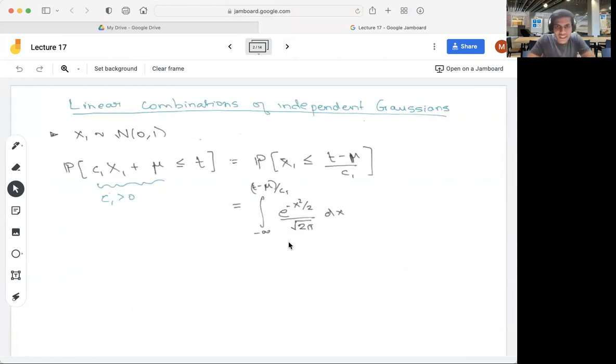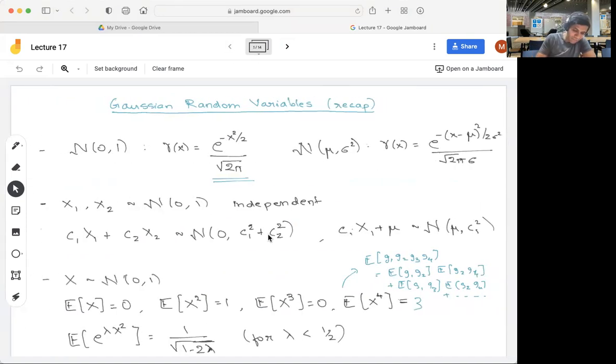Okay, so let's start with the second property, which is if you have a Gaussian, you scale it by C1, let's say, and shift it by mu, you get another Gaussian with mean mu and variance C1 squared.